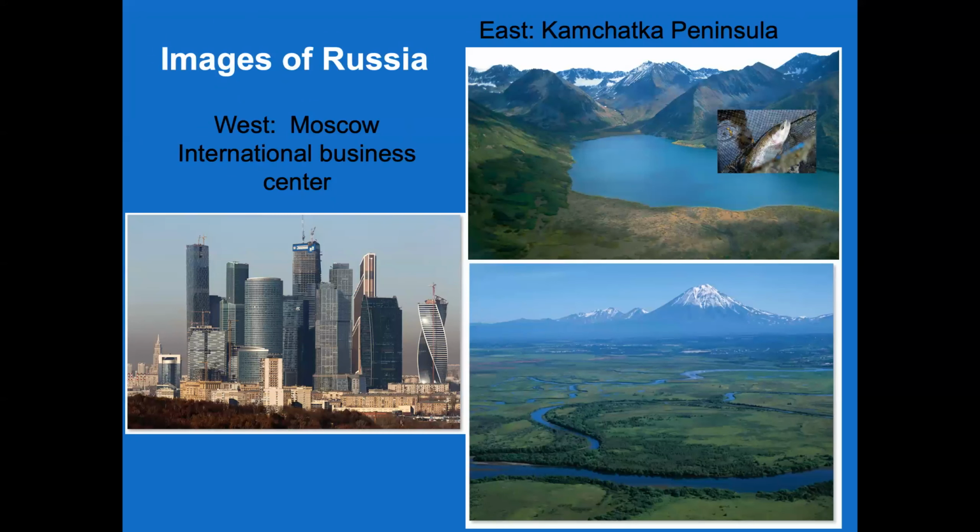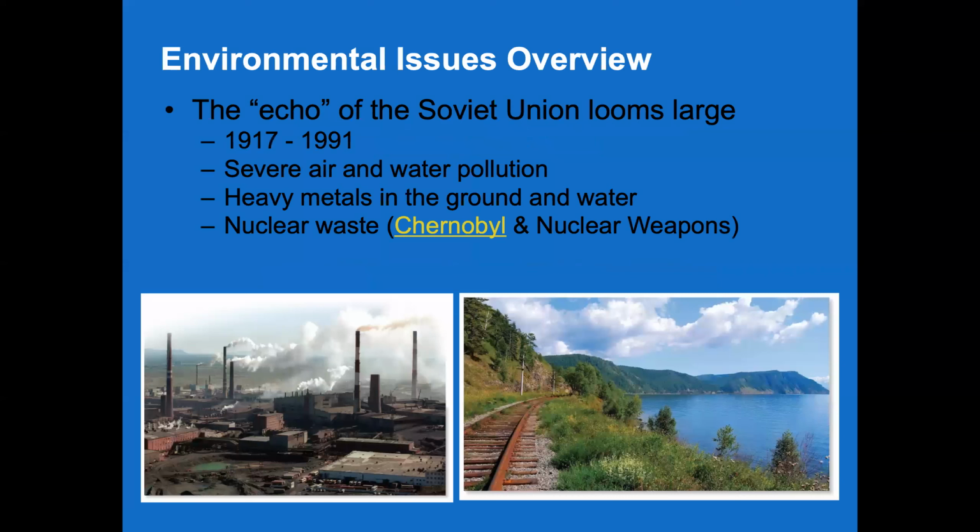So images of Russia, it's obviously beyond just Moscow, the big city to the west. There is vast wilderness between that and the Pacific. There are environmental issues that harken back to the Soviet era still. The Soviet Union lasted from 1917 to 1991.